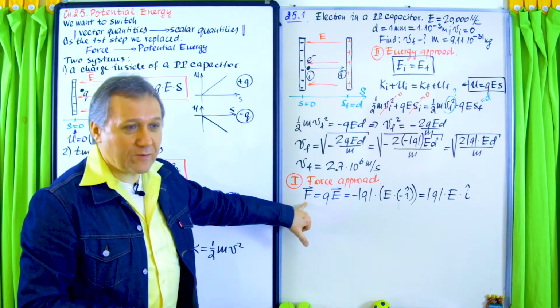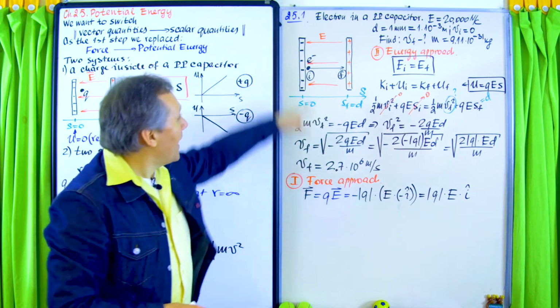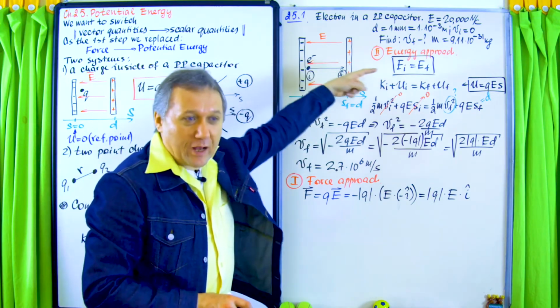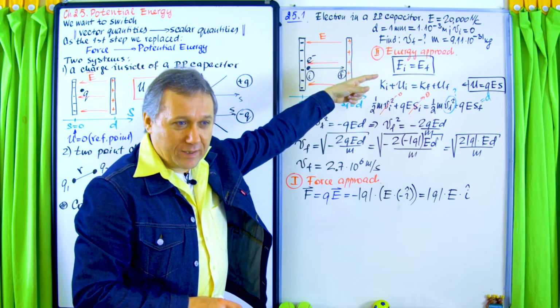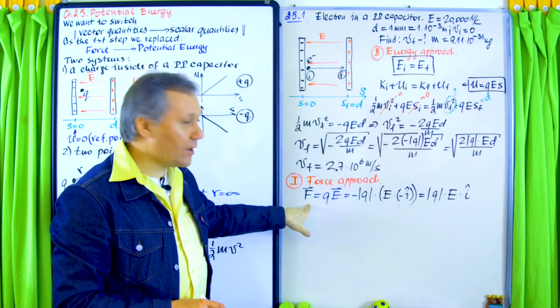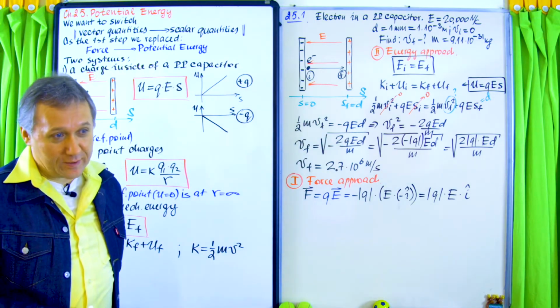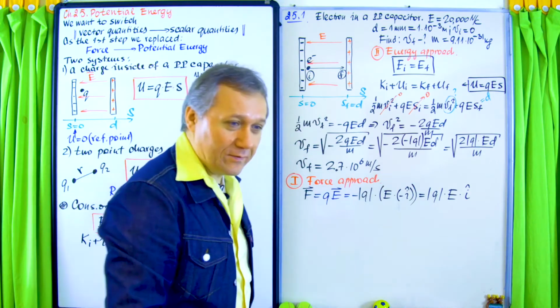Of course it makes sense that the force points that way, because this force accelerates the electron, and our electron accelerates in the positive S direction, and that's what we got. The force pushes the electron that way, so positive direction.